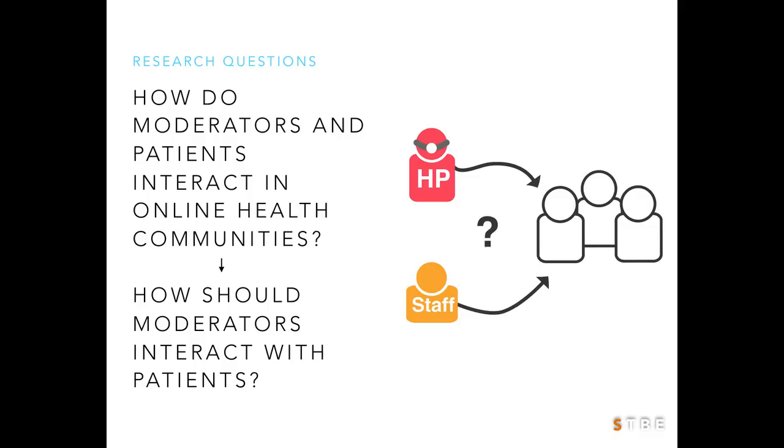One idea of InfoMediator is to have some kind of semi-automated agent or information entity to intervene in peer-patient conversation, and that overlaps with the role of moderators. So I wanted to understand how that agent should be with the patients in online health communities.